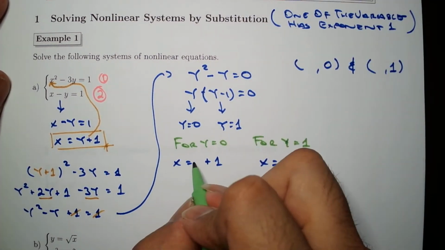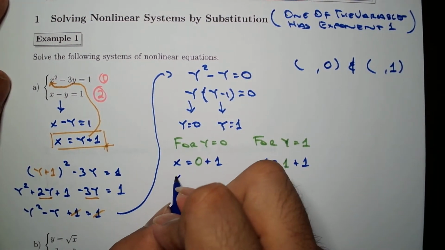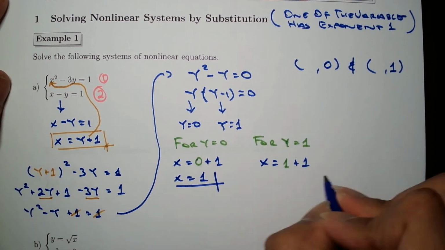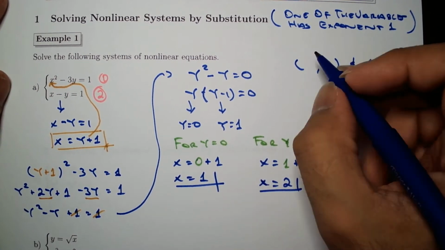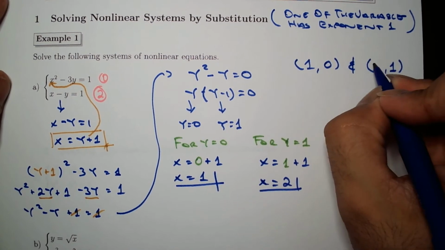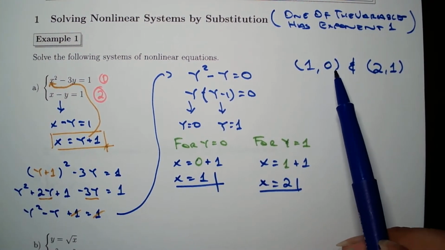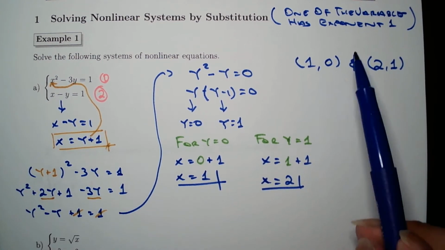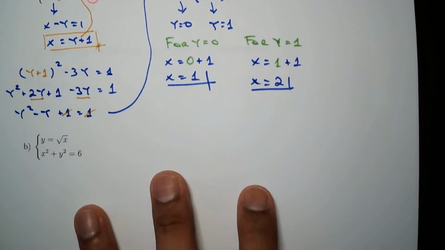Plug in 0 and 1: on the one hand, 0 plus 1, x equals 1, and x equals 2 in the second case. And we're essentially done solving this system of equations. Again, when submitting these solutions on MyMathLab, you need to submit everything with commas.